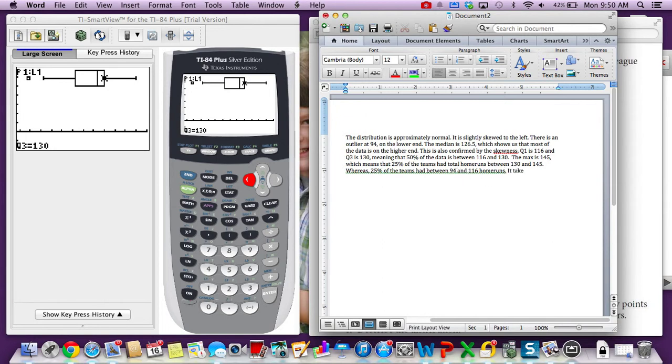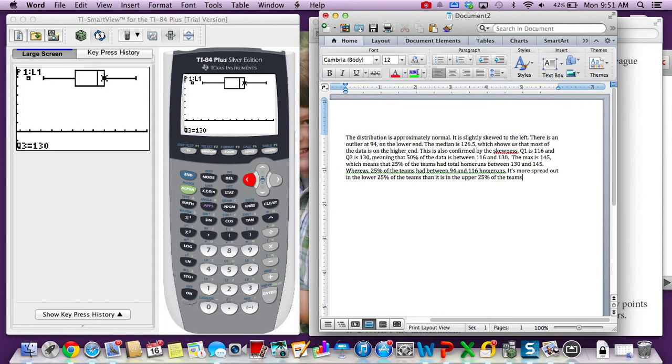So it is more spread out in the lower 25% of the teams than it is in the upper 25% of the teams.